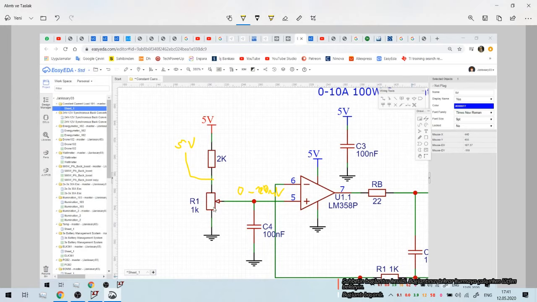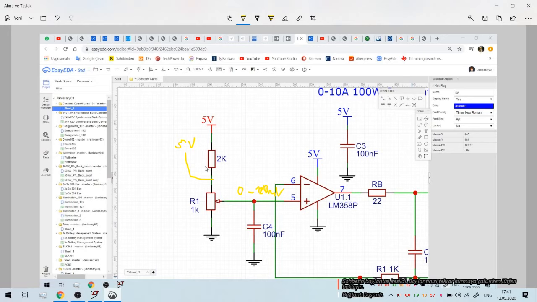So we don't want this. We need to limit this voltage. So how can we do this? Yes, we can add another resistor here.